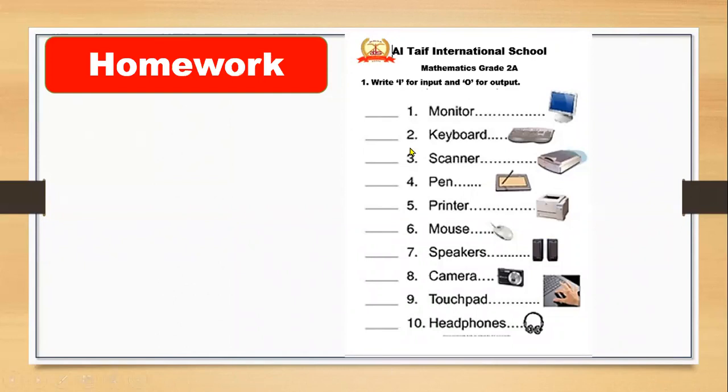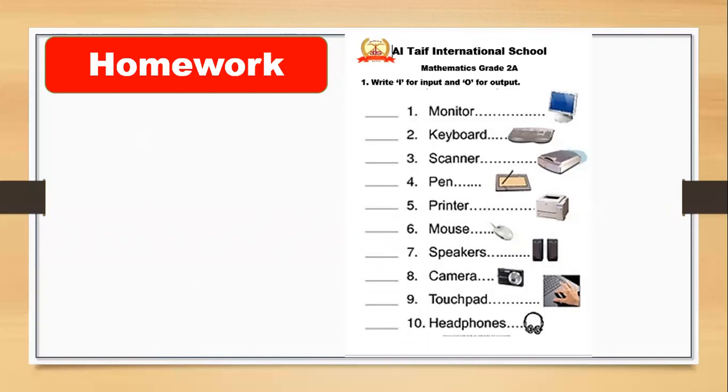What you will do is, if you think the device is input, you have to write I. If you think the device is output, it gives you results, so you have to write O. I for input, O for output. I hope you understand today's lesson about output devices.